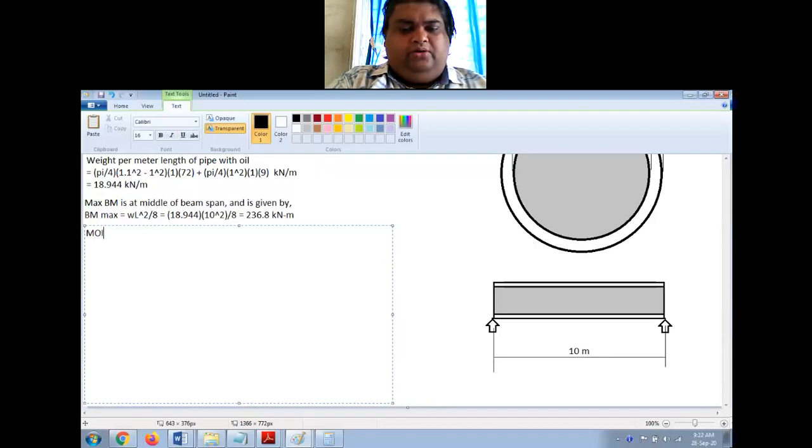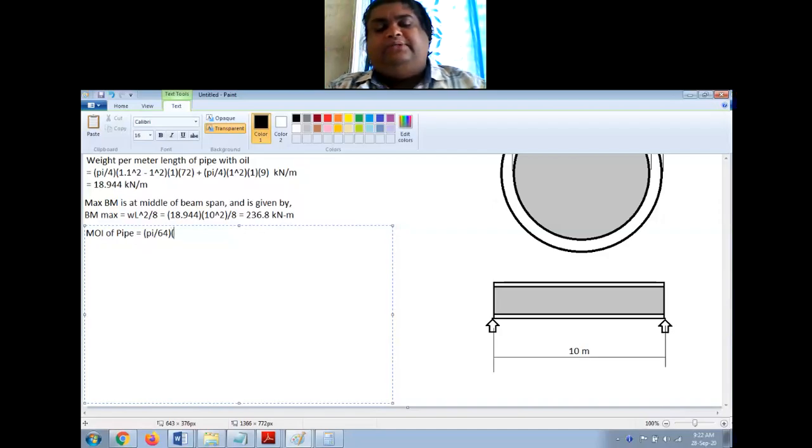Now, moment of inertia of pipe is equal to pi by 64. It's a hollow circular cross section. For a circular cross section, it is pi d power 4 by 64.